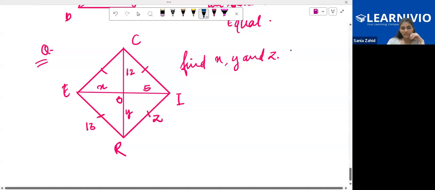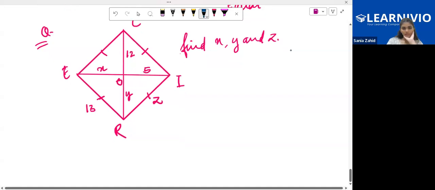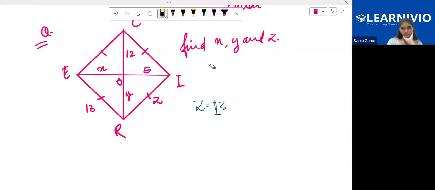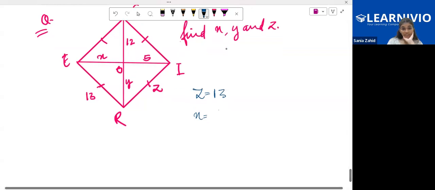Yes, Aswan, tell me the answers. Ma'am, Z is equal to 13 because all sides are equal. Okay, Z is 13. Then, ma'am, X is equal to 85 degrees.